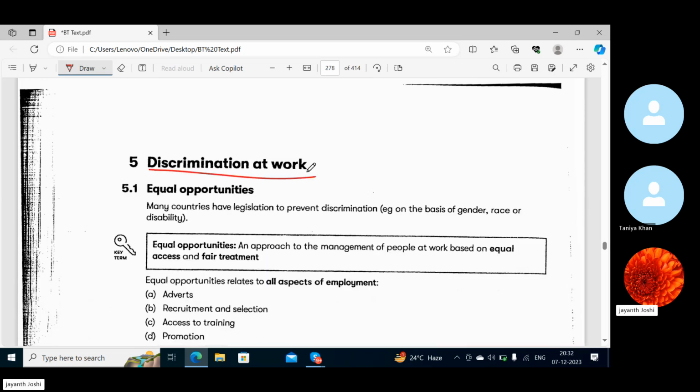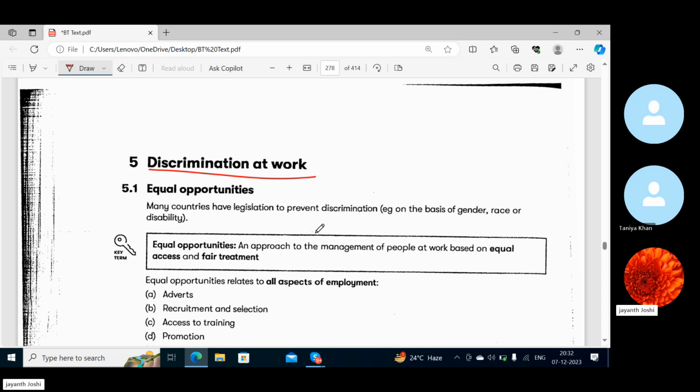Then discrimination at work. Discrimination is something which is very much evident in today's era. Discrimination can be seen in various ways. In some countries, people discriminate based upon color, in some caste, in some religion, in some customs, in some tradition, in some gender.